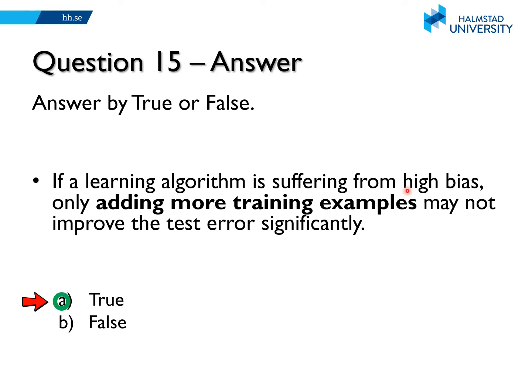That's true. A high bias means that we are probably underfitting, and so adding more training examples will not help much. This will help more if you are overfitting.